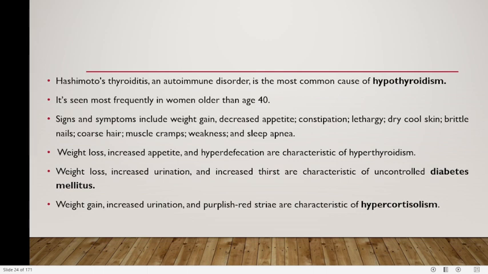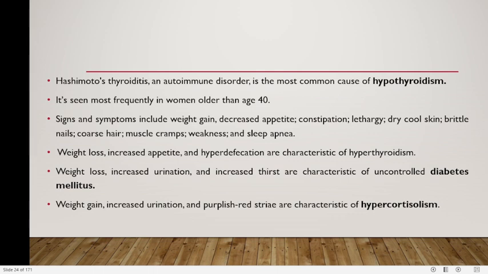Signs and symptoms include weight gain, decreased appetite, constipation, lethargy, dry, cool skin, brittle hair, coarse hair, muscle cramps, weakness, sleep apnea. Okay, find that weight loss, increased appetite, and hyperdefecation are characteristics of hyperthyroidism.